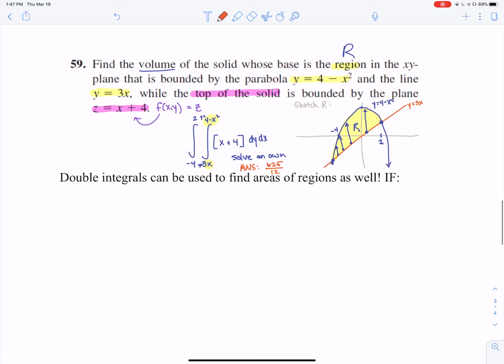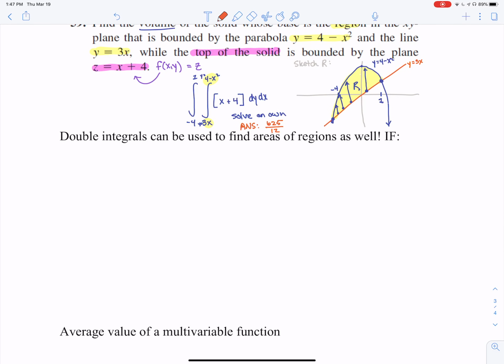Okay, so we've been talking a lot about that double integrals are used to find volume, but there is a condition in which you can use double integration to find area of your region of integration.